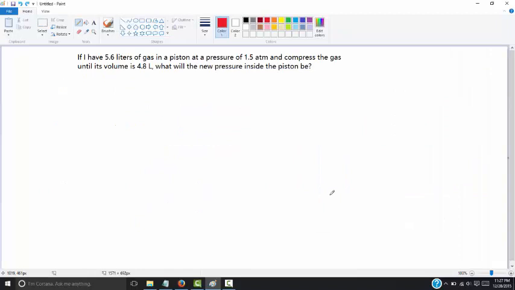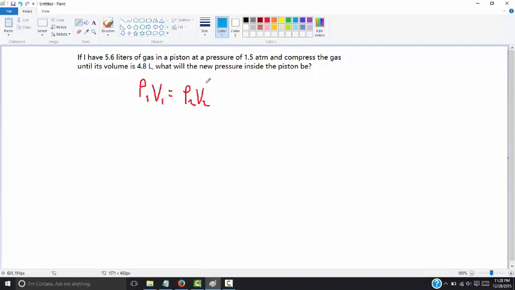Alright, here's a typical way a Boyle's law question would be asked. If I have 5.6 liters of a gas in a piston at a pressure of 1.5 atmospheres and compress the gas until its volume is 4.8 liters, what will the new pressure inside the piston be? So going back to the Boyle's law equation, you have P1 V1 equals P2 V2.